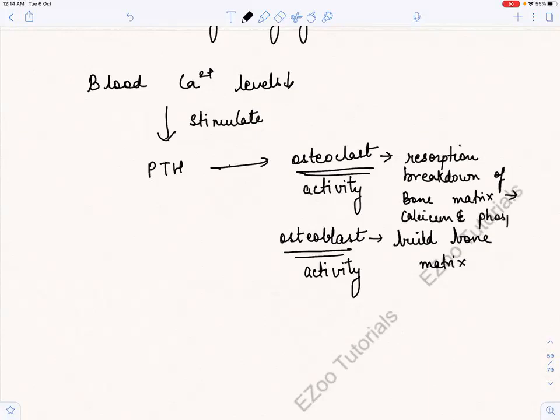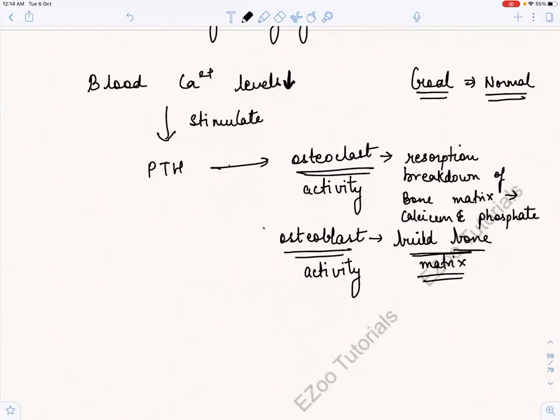So now what will PTH do, what will it increase and what will it decrease? The blood calcium level has decreased, our goal is to increase it, to bring it to the normal level. So obviously, osteoblast activity is building more bone matrix, right? So what will it do?